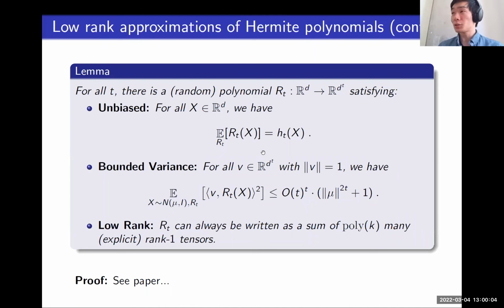Now if I look at, say, the fourth Hermite polynomial, I have identity tensor identity terms, right? So I want to replace these with z tensor z, w tensor w, right?